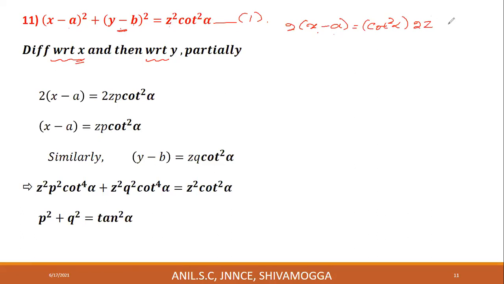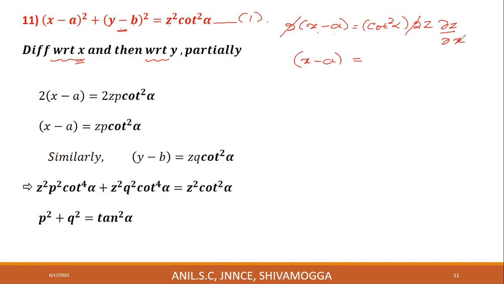Into derivative of z partially with respect to x is del z by del x. Now cancel this 2 with this 2. Therefore, x minus a is equal to del z by del x.